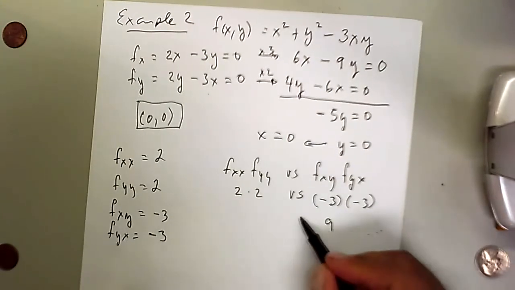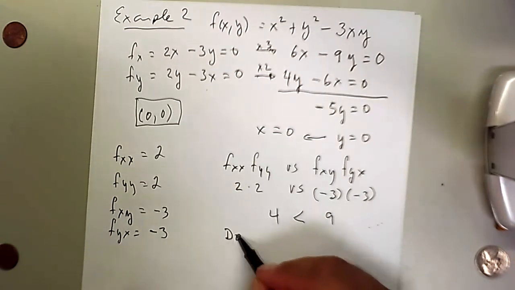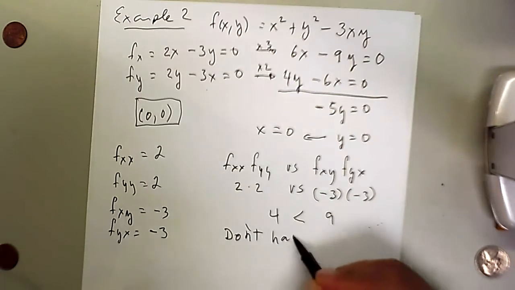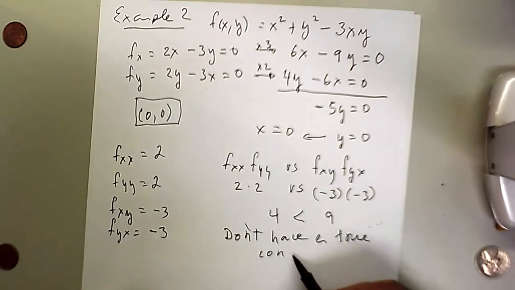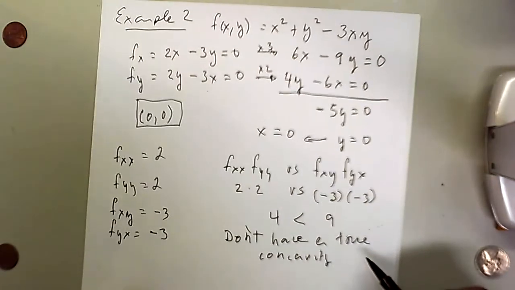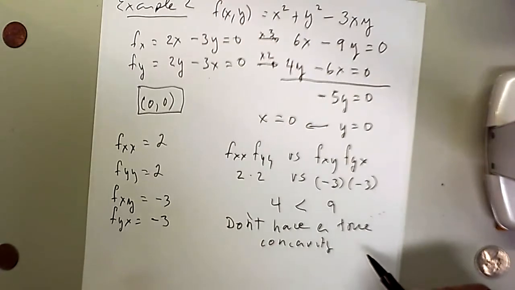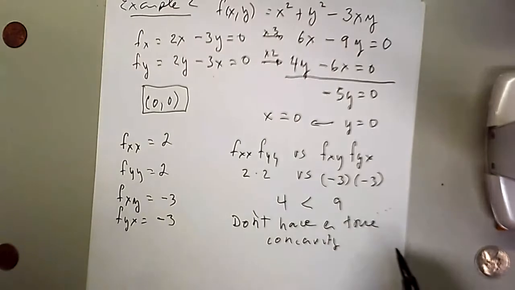So 9 beats 4. So we don't have true concavity. And if we don't have true concavity, then we have a saddle point.